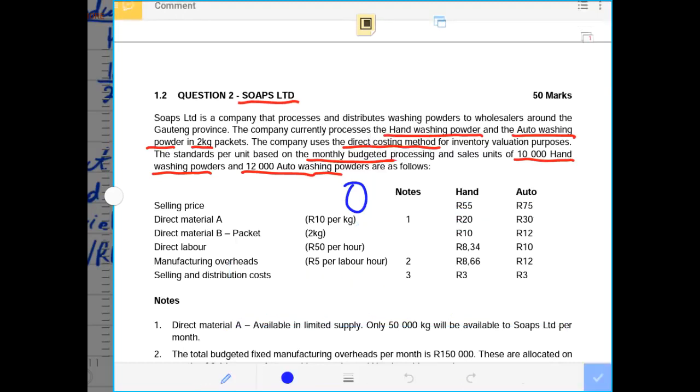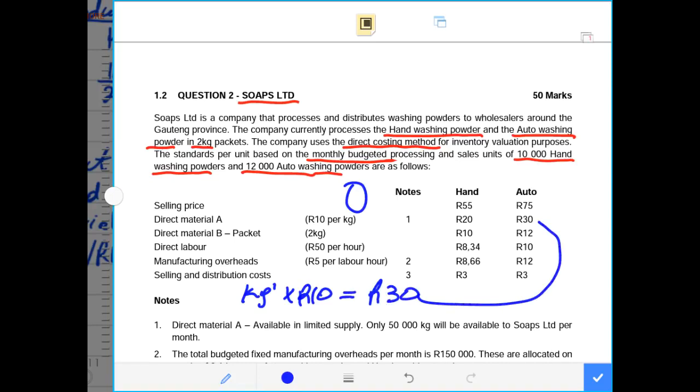Similarly, with the second product, we do the same thing. We say kgs per unit was multiplied by 10 Rand per kg, and that gave them the amount of 30 Rand that we see here. So now we say we are looking for the kgs. Mathematically, we'll divide by 10 to simplify it, and this will cancel this, and whatever you do on the left hand side, you do on the right hand side.